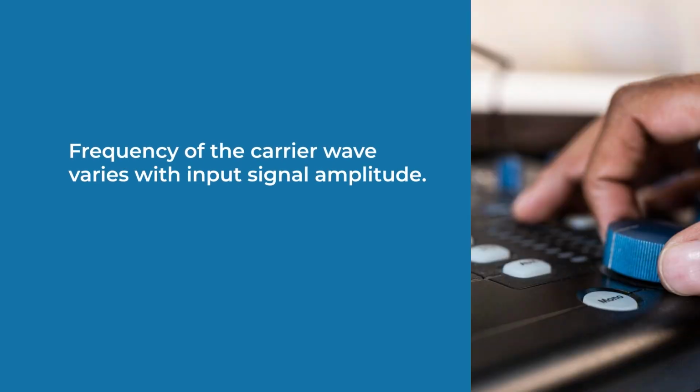Frequency modulation, or FM, is a type of angle modulation where the frequency of the carrier wave is varied in proportion to the amplitude of the input signal, also known as the modulating signal. This variation in the frequency encodes the information of the input signal onto the carrier wave. To put it simply, in FM, the carrier wave's frequency changes in response to the amplitude of the input signal.